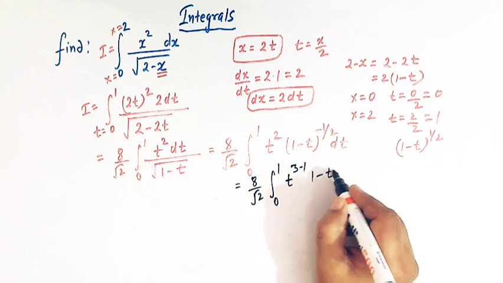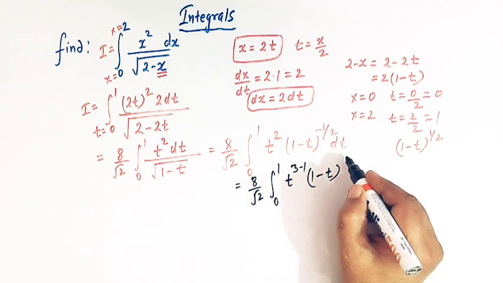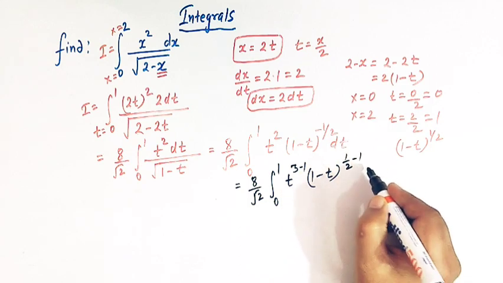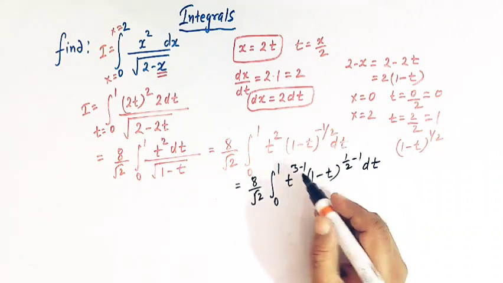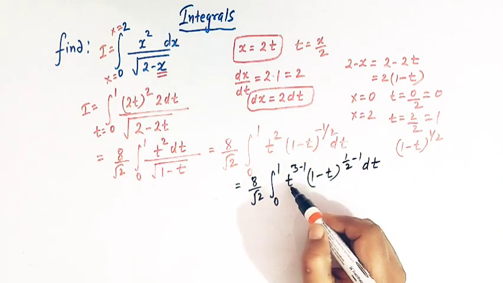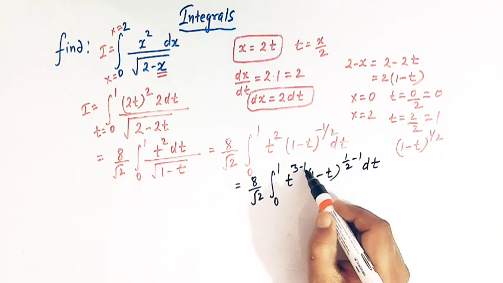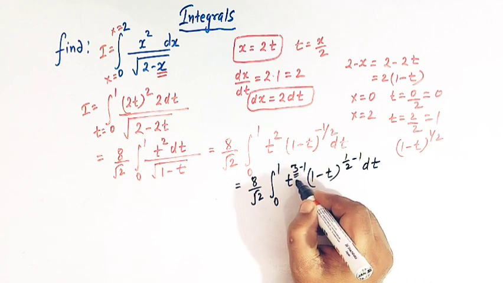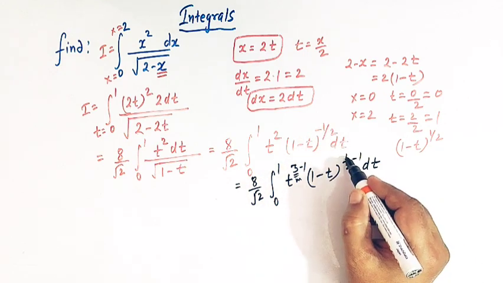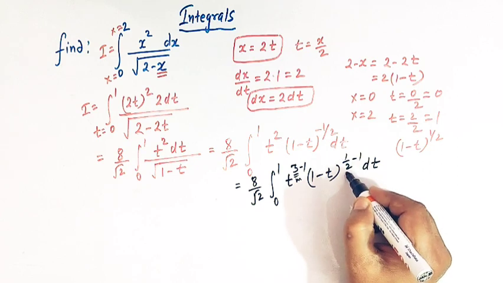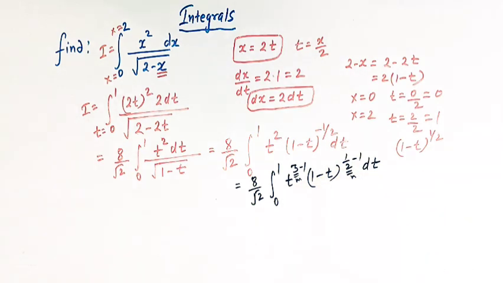And 1 minus t raised to minus half, which can be written as half minus 1, and dt, right? So we have expressed t square as t raised to 3 minus 1, because this is going to be our m, and minus half is written like this, half minus 1, this is going to be our n, right?